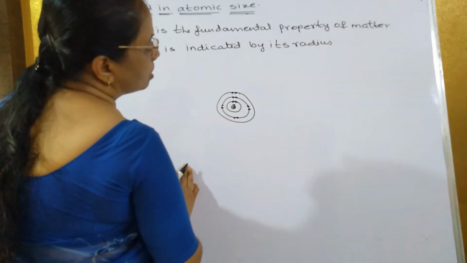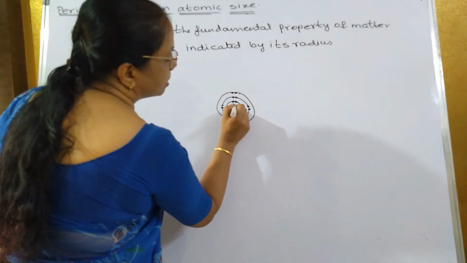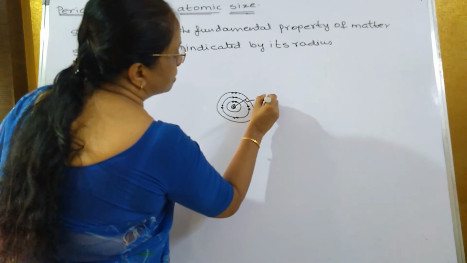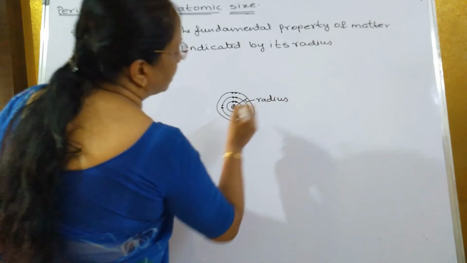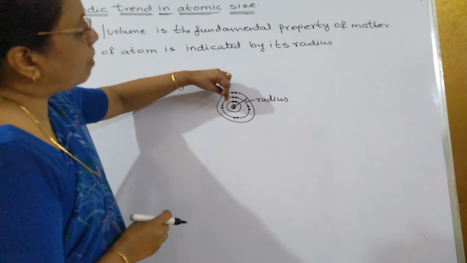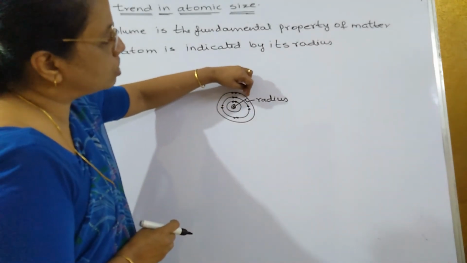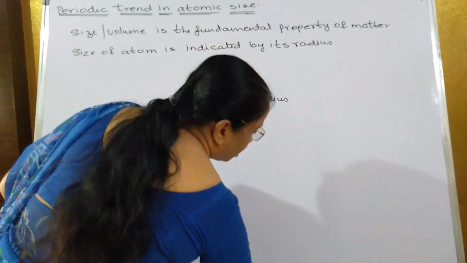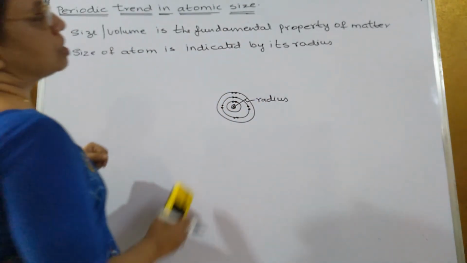Then the radius is the distance between the nucleus and the outermost shell. So the radius of an atom is the distance from the nucleus up to the outermost shell. The size of the atom is indicated by its radius.